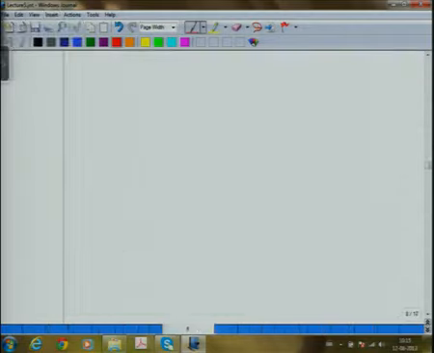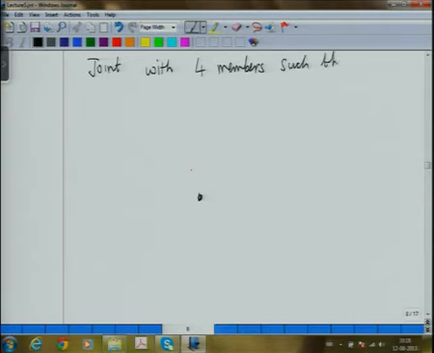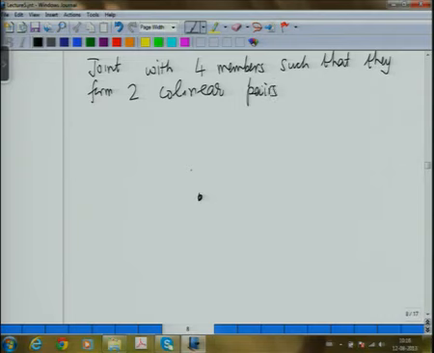is, suppose you have a joint with 4 members such that they form 2 collinear pairs.